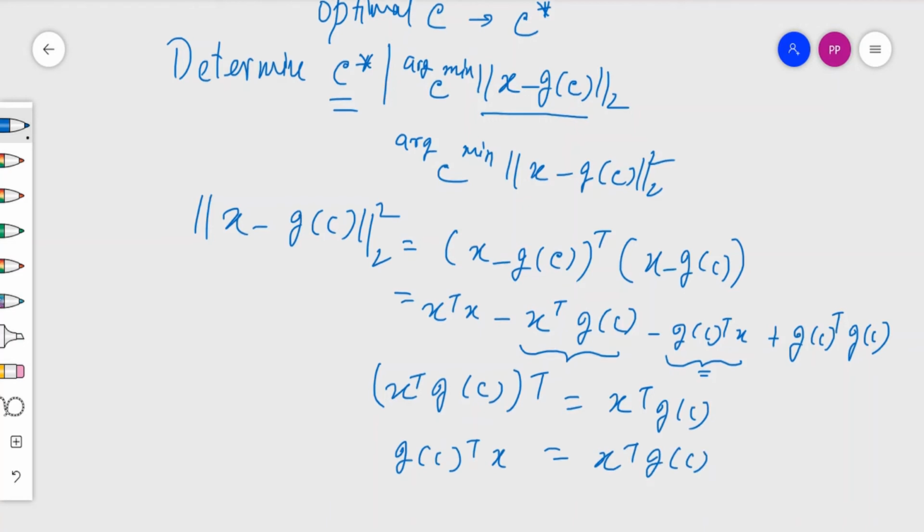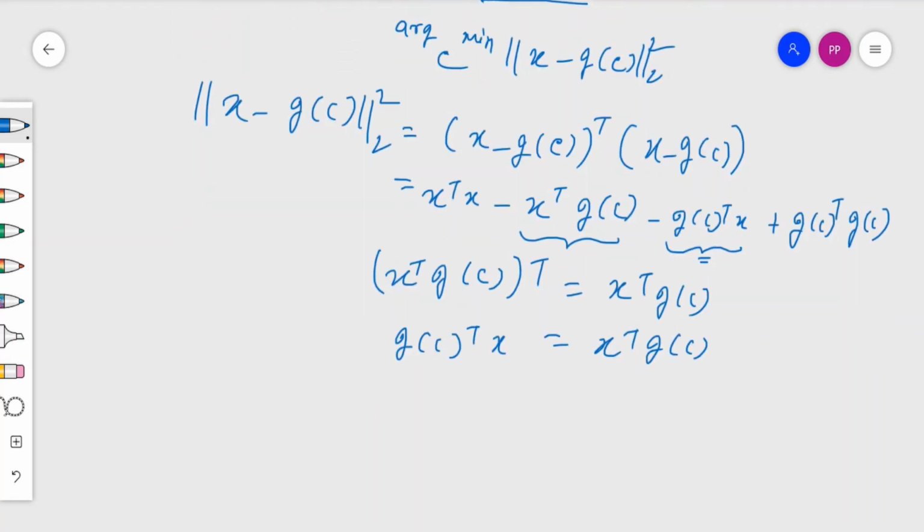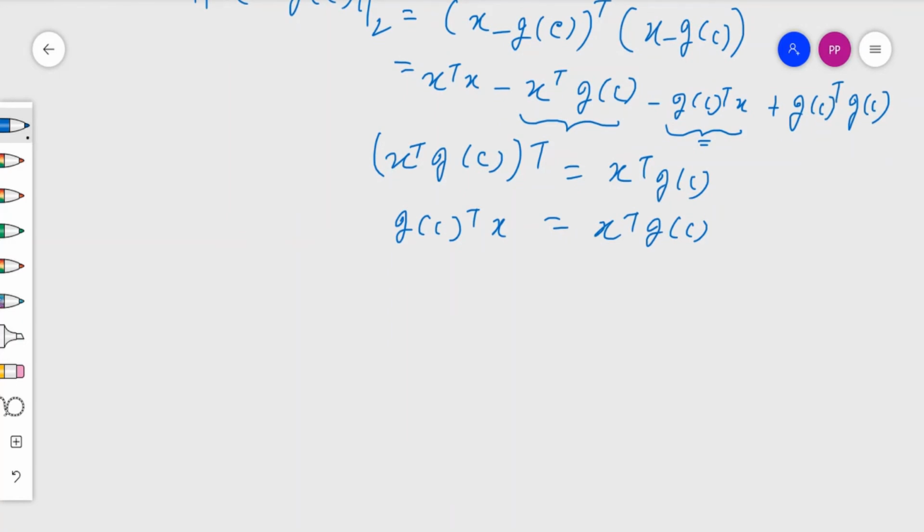The benefit of this is that we can make the second and third term equal. So this should be written as x transpose x minus 2x transpose GC plus GC transpose GC.